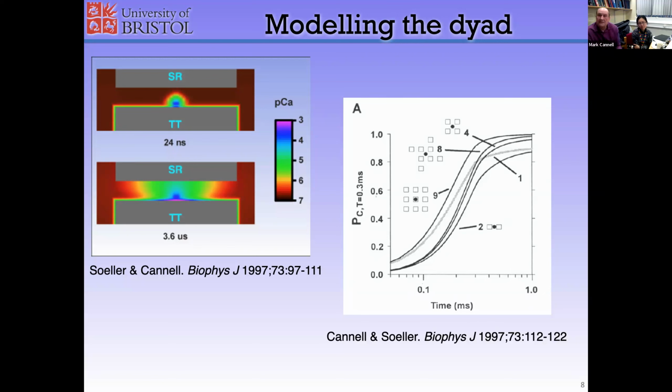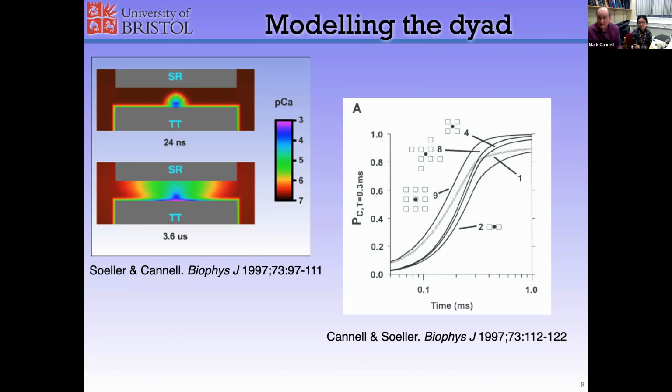In the subsequent paper, we actually looked at RyR activation, and we didn't know very much about RyR activation at that time. We assumed a diffusion-limited on rate, for example. Here you can see that, because the plume of calcium is quite restricted within the dyad, the geometry of the ryanodine receptors plays an important role.